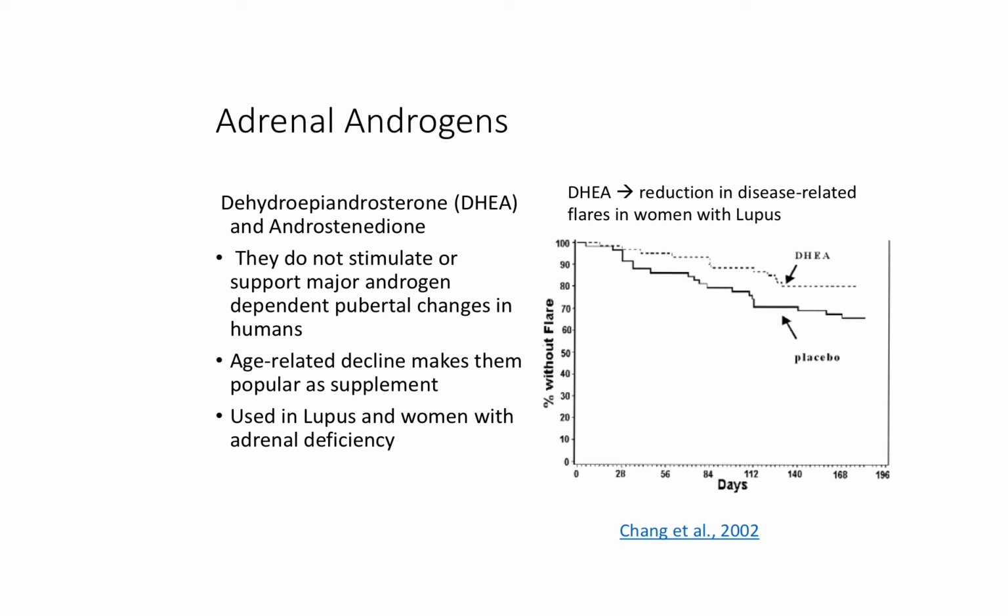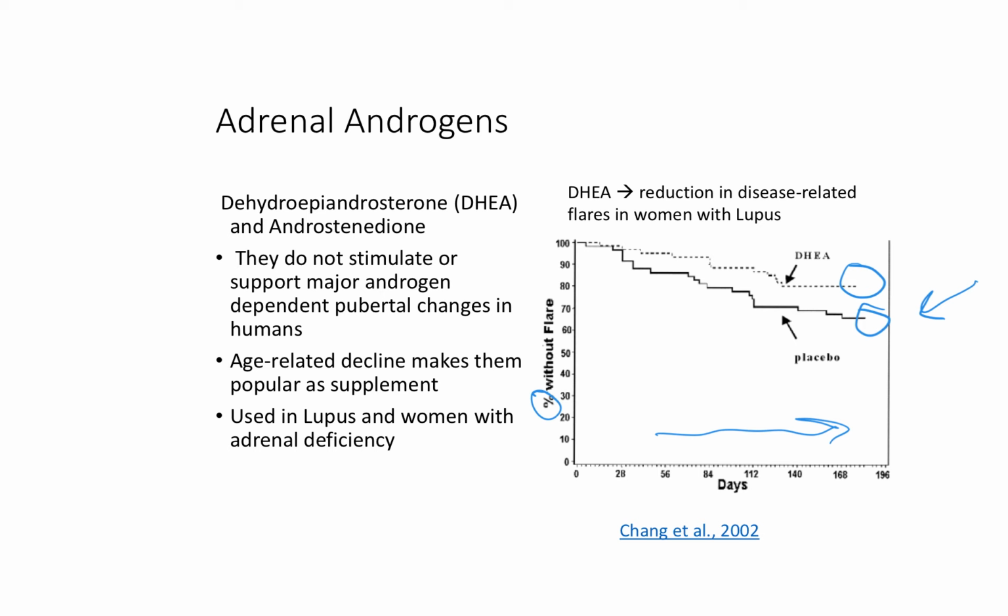It also is used in women with lupus. This is a study from 2002, but I think it's a nice graph. It's showing you here the percentage of participants without a disease flare. These are women with lupus, and those on placebo. After about 200 days, the amount of those without a flare on placebo was between 60 and 70%, but of those supplemented with DHEA, about 80% did not have a disease flare.